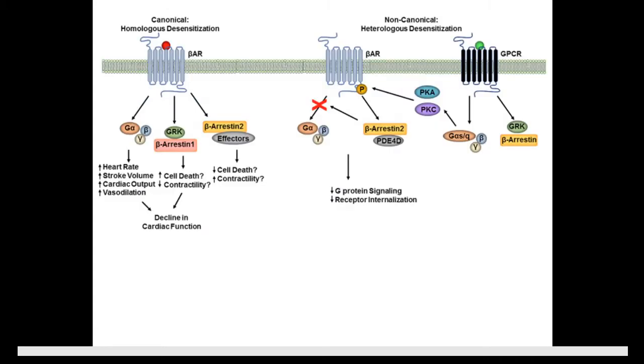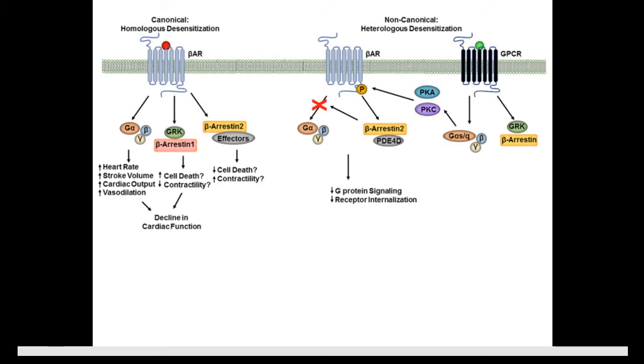Okay, the G protein-coupled receptor is divided into two types based on their activity: homologous desensitization and heterologous. First is the homologous process.